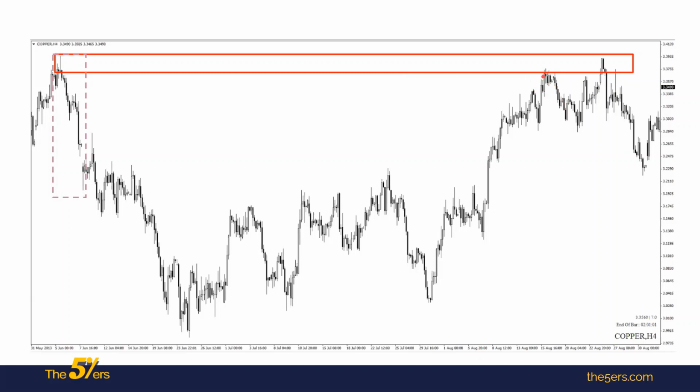But what we can say with a high probability is that once price is returning to a fresh zone that has never been visited before, this is where we can sell in the case of supply, because we assume that there are unsatisfied sellers here that didn't meet enough buyers.